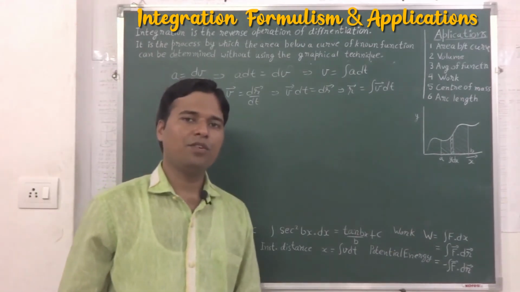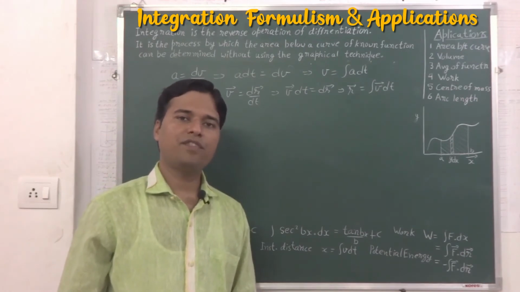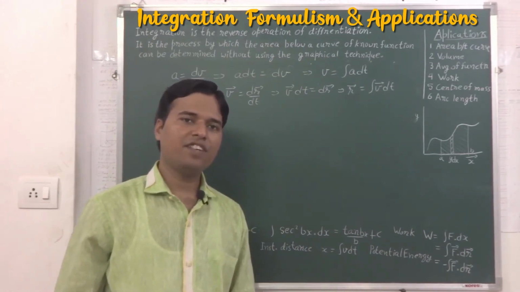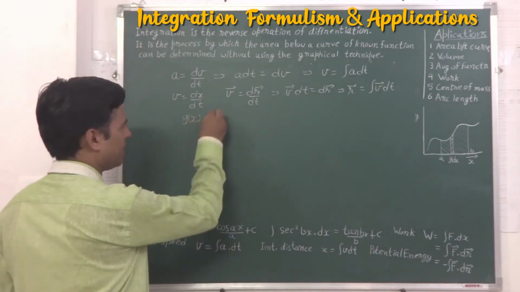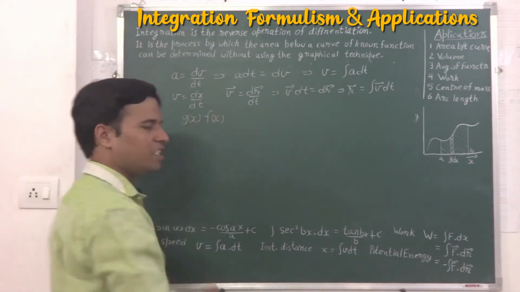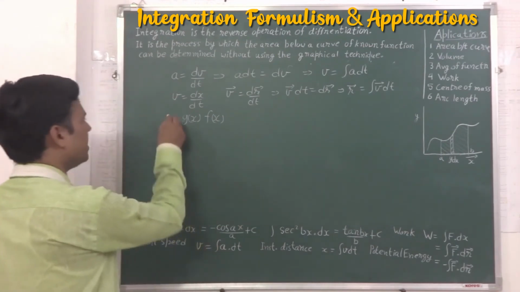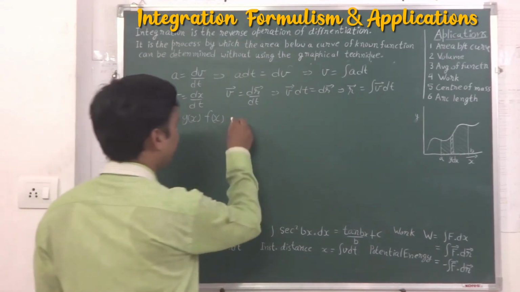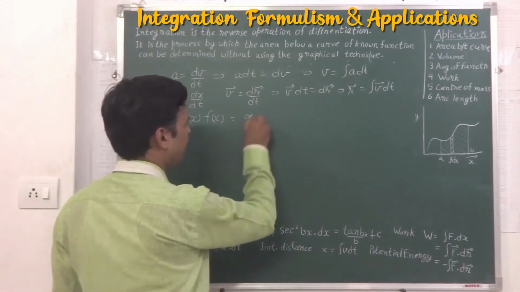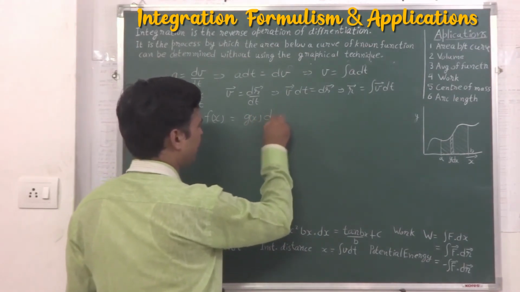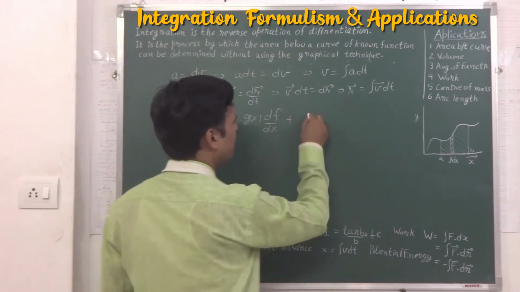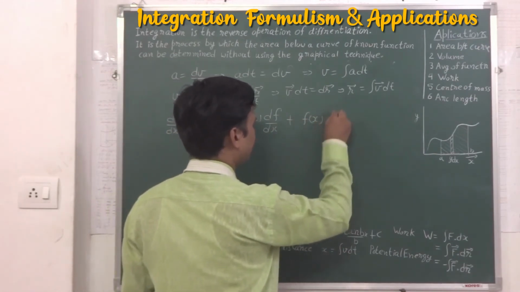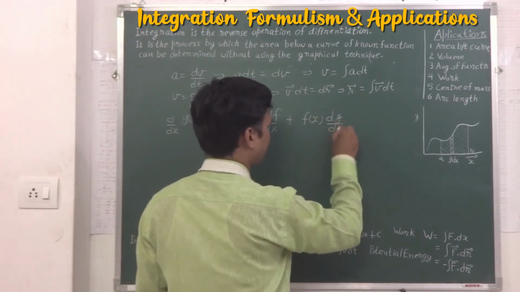We have learnt about the by-part differentiation of a given function. If a function is given as g(x) f(x), this is the product rule of differentiation, and we get its derivative as g(x) times the differentiation of f with respect to x plus f(x) times the differentiation of g with respect to x.